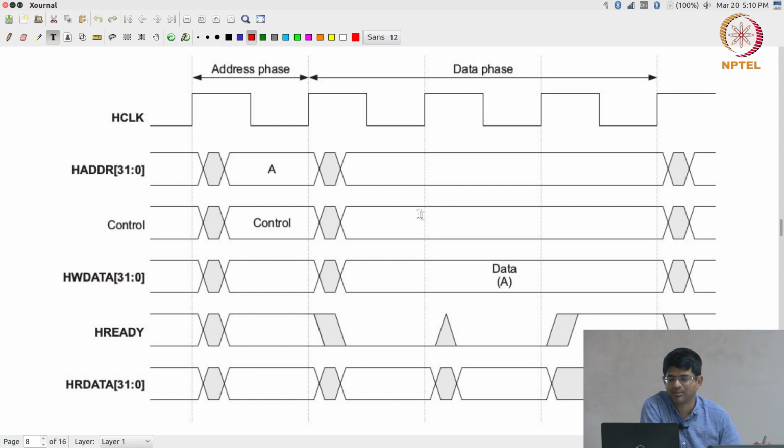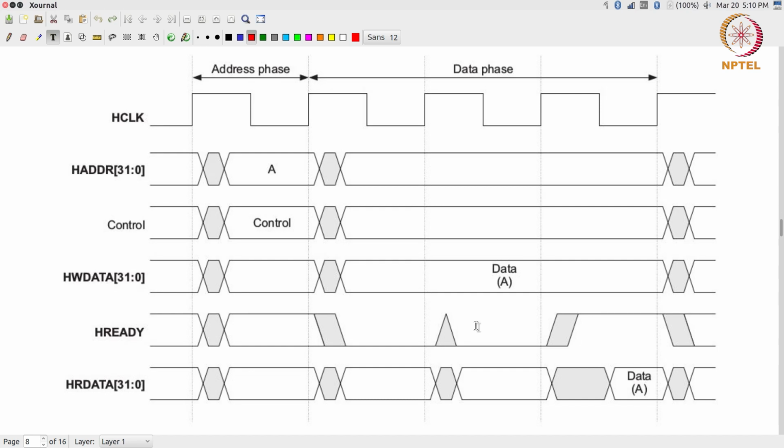So, nothing else can happen during this time. The master cannot just give up and say, okay, I will do something else. I can't take away permission and give it to somebody else, or at least if I want to do something of that sort, then I need to be a bit more intelligent about how I do it. In this basic kind of structure, if the slave says not ready, the entire bus freezes, it has to wait until the slave becomes ready.